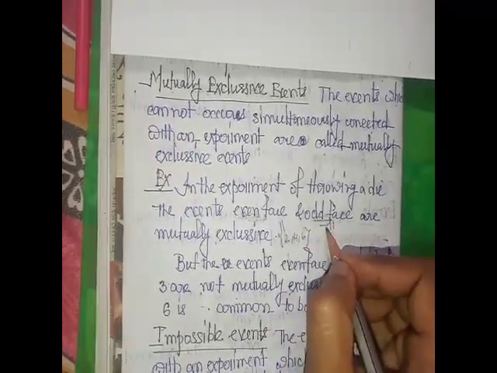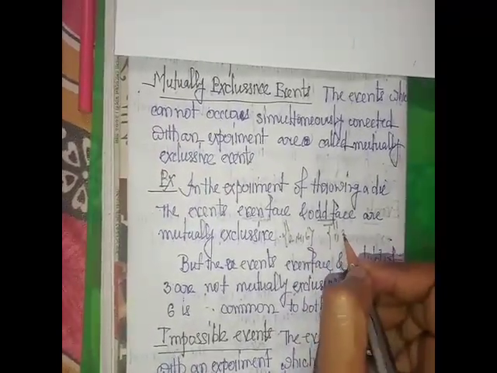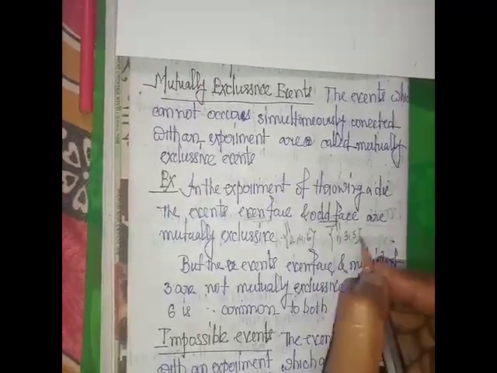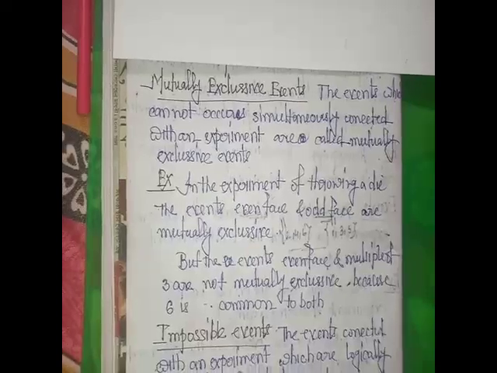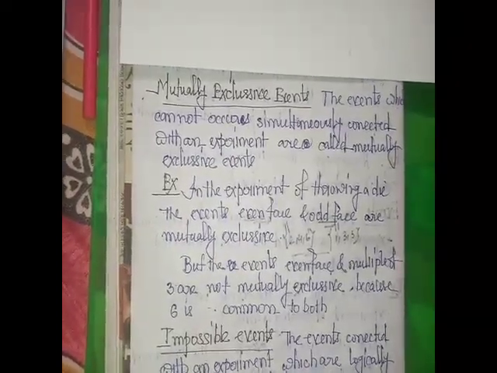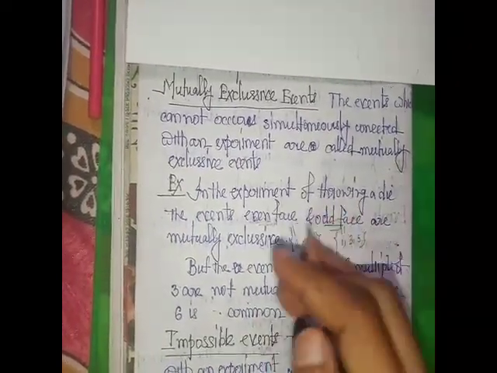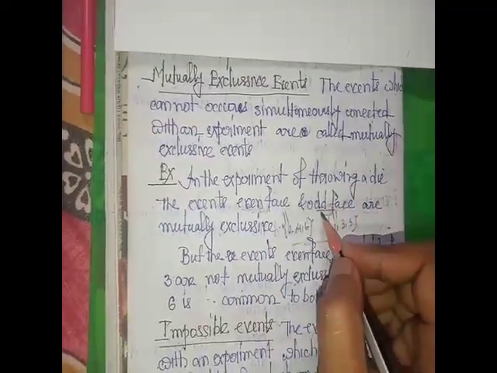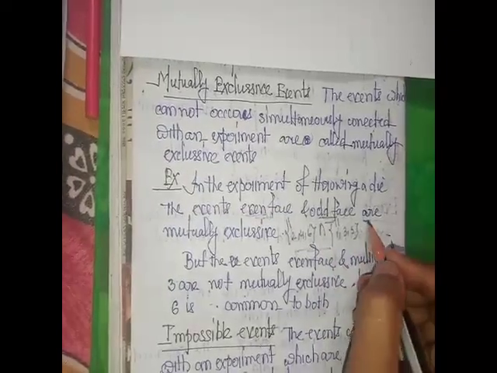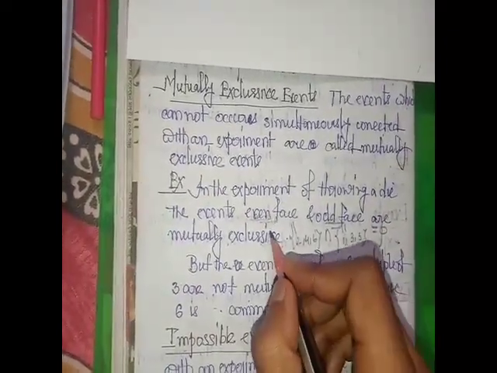Odd face contains 3 points: 1, 3, 5. Since there is no common member in these sets, the intersection of the two sets is phi. So this is called mutually exclusive. Okay.